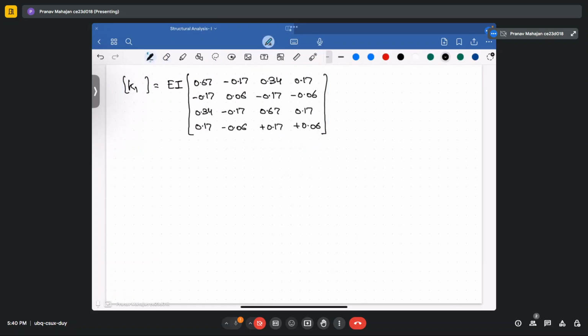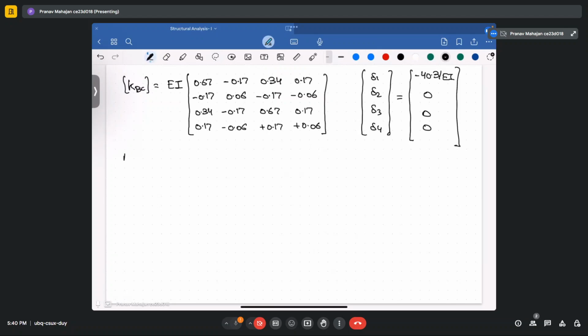So this would be your KBC. Okay, and your displacement vector will now become delta 1, delta 2, delta 3, delta 4. Your delta 1 will be minus 40.3 by EI, others will be 0. Okay, because the other end is also fixed.